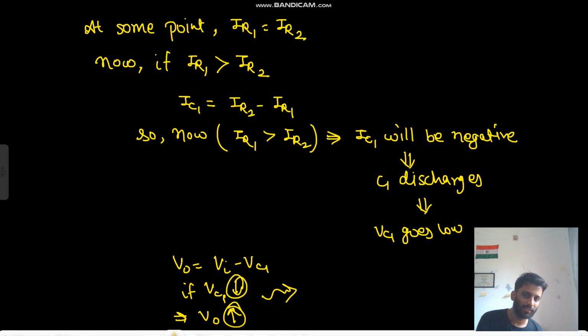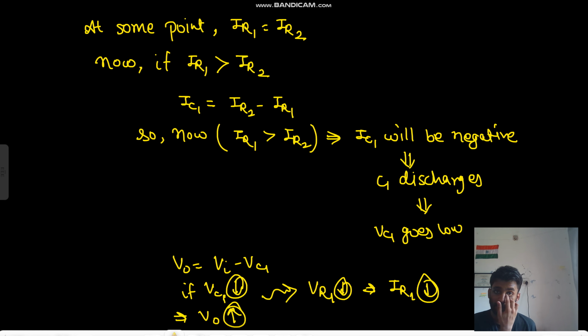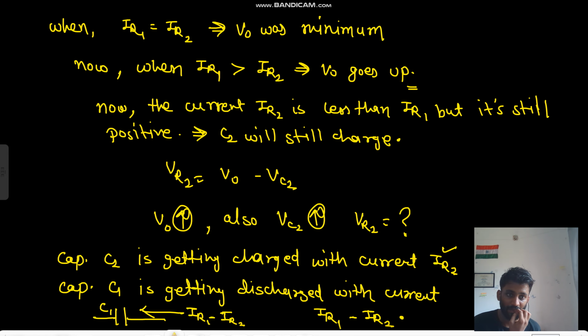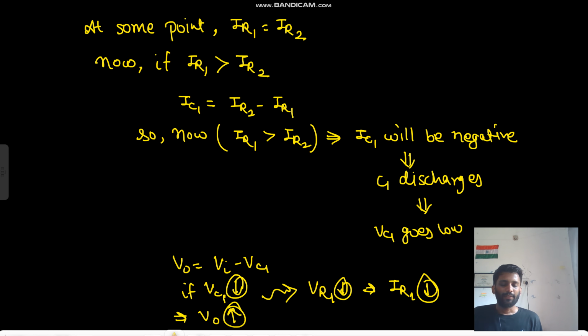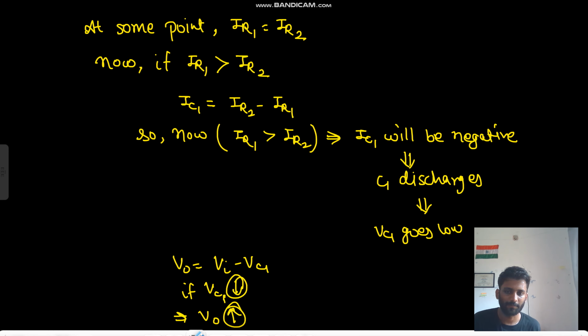If VC1 goes low, then your VR1 also goes low. That means your IR1 also goes low, right? Since your capacitor is getting discharged, here I shouldn't write it. I will write it later on. Okay.